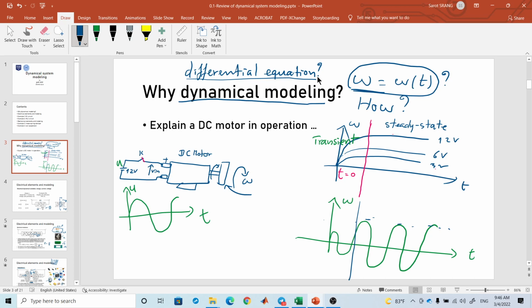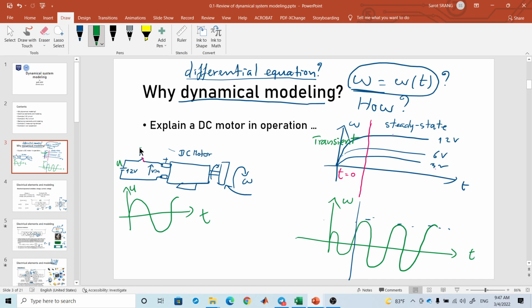In many systems, there can be multi-physics. Multi-physics means it can have an electrical part, a hydraulic part, and a mechanical part. For instance, here the DC motor has an electrical part from the supply voltage inside here.